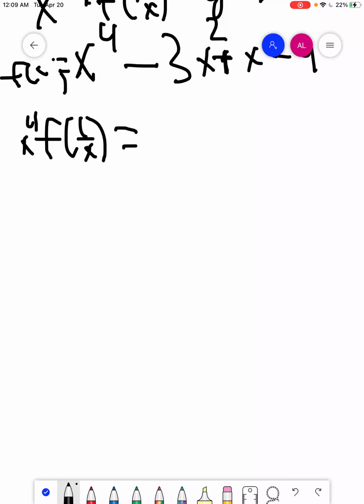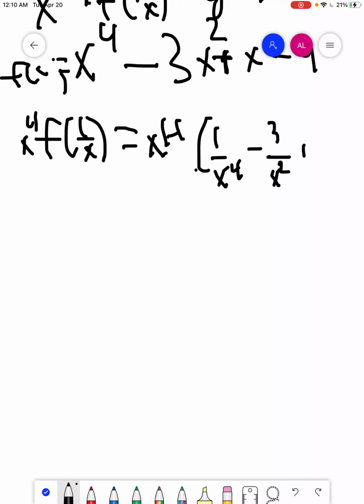This will be x to the 4th times 1 over x to the 4th minus 3 over x squared plus 1 over x minus 9.